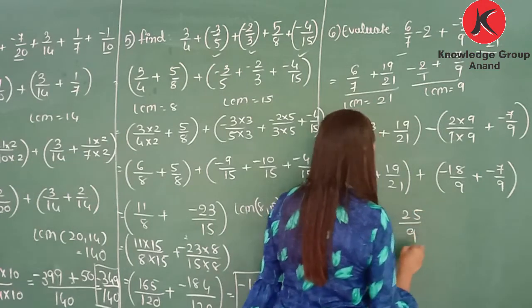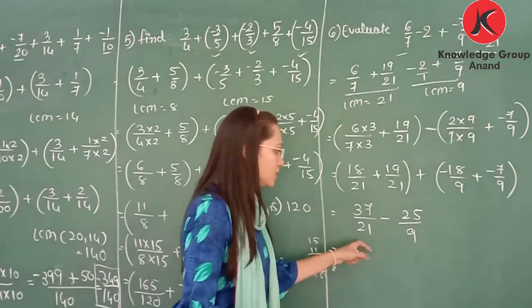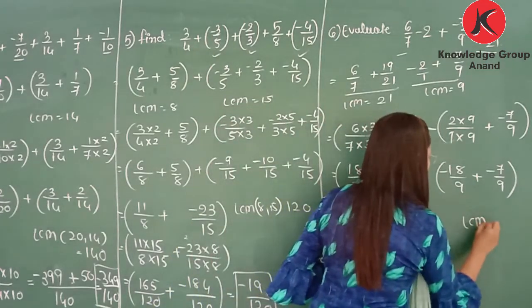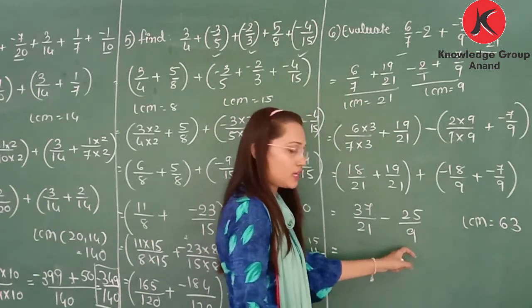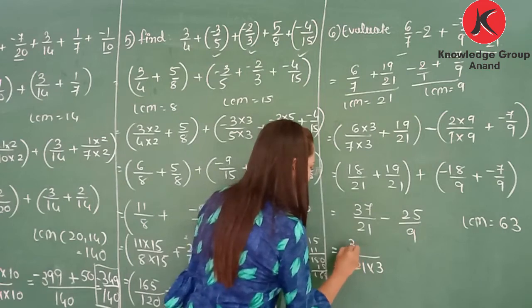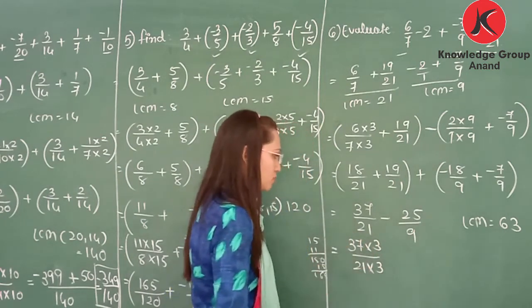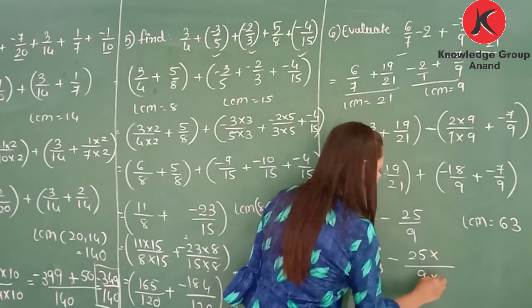minus 25 by 9. Now take the LCM of 21 and 9. So the LCM will be 63. So here 21 is multiplied with 3 to get 63, so 37 is also multiplied with 3, and 25 is multiplied with 7.